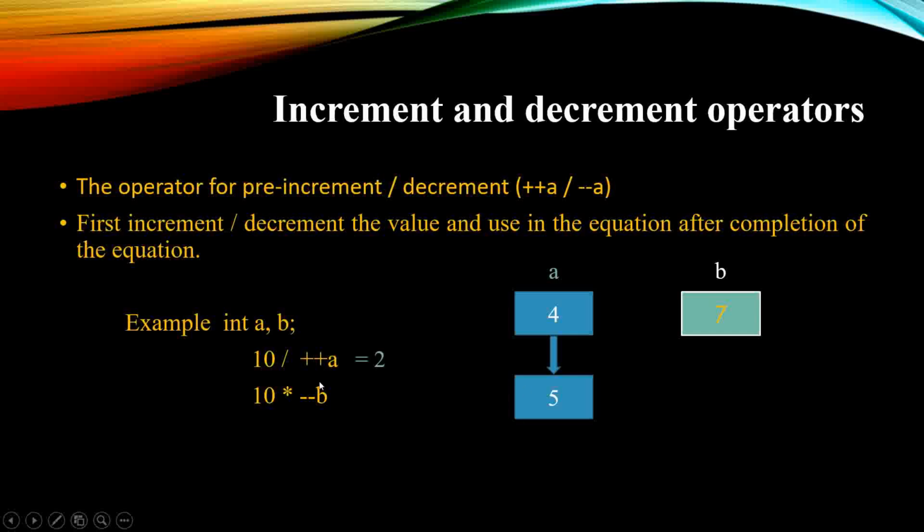አያችሁት? ልዩነቱ ይሄ ነው። ፕሪ ከሆነ first we have performed the increment or decrement ማለት ነው። Then after that we can use it in the equation ማለት ነው። ለዛ ነው first increment the value አያችሁት? ኢንክሪመንት ሲሆን first increment the value then use in the equation ማለት ነው። Use in the equation ማለት ምንድነው?